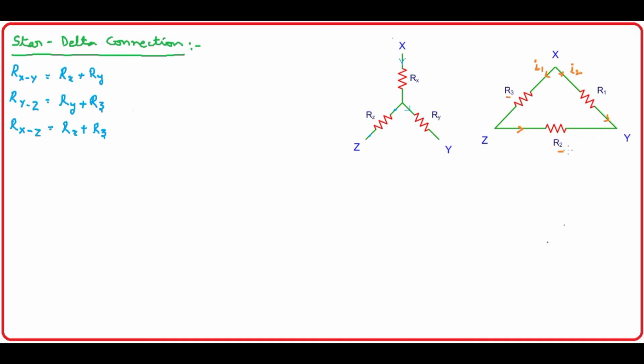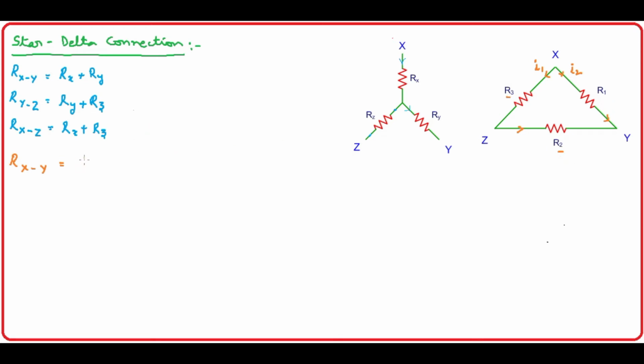If I1 is the current flowing through R3 and R2, what can we say? R2 and R3 are in series. So let me simply write the equivalent resistance between capital X and capital Y is equal to: R2 and R3 are in series, and this combination of R2 and R3 is in parallel with R1.